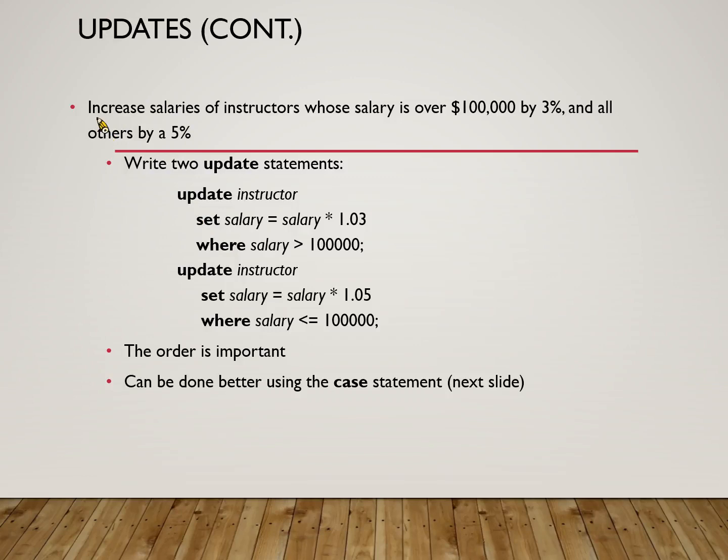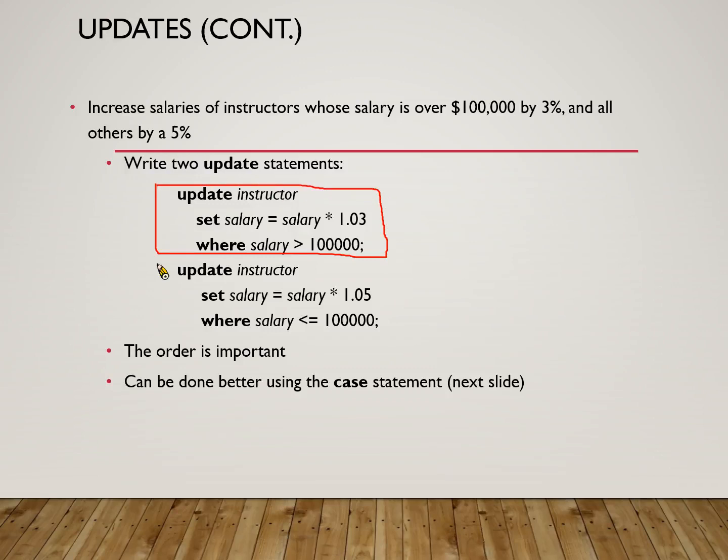And if we want to increase salaries of instructors whose salary is over $100,000 by 3% and all others by 5%, we can write two update statements. One is update instructor set salary equal to salary times 1.03, where salary is more than $100,000.